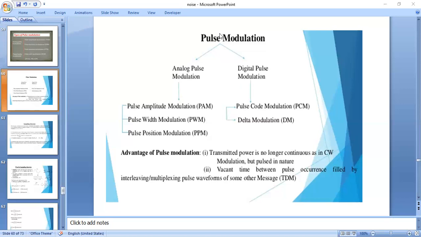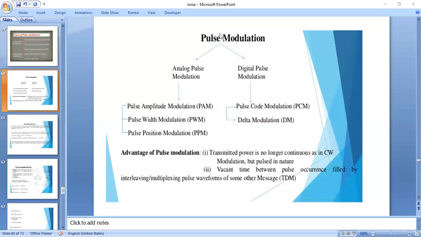And the angle modulation is further classified into frequency modulation and phase modulation. We have another class of classification, the pulse modulation, which is classified into two types: analog pulse modulation and digital pulse modulation.